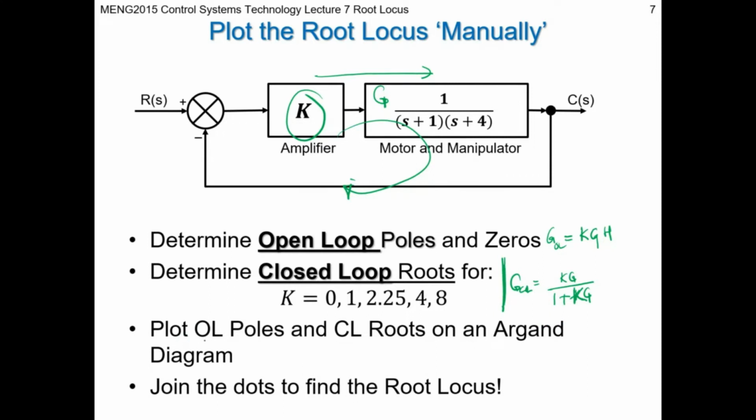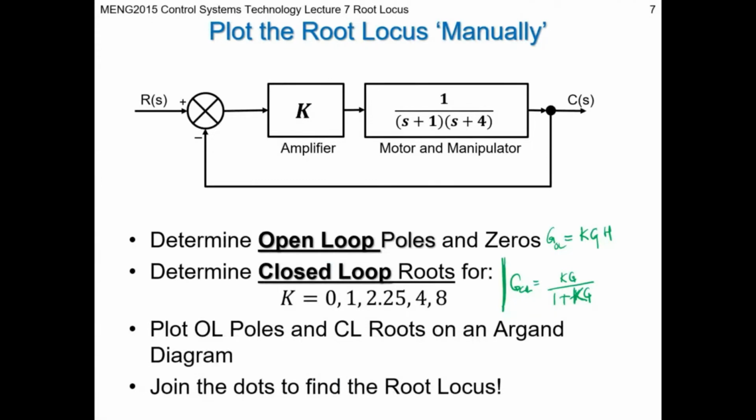Then what we want to do is plot those open loop poles and zeros. We can see by observation there are no zeros on the open loop transfer function for this particular one. So we're going to plot those open loop poles and the closed loop roots that we just found in an Argand diagram. We're going to join the dots, and when we join the dots, that's going to give us our root locus.